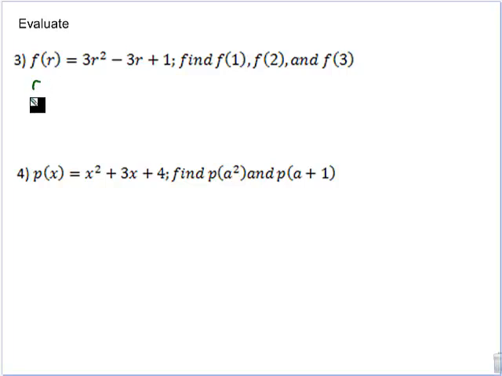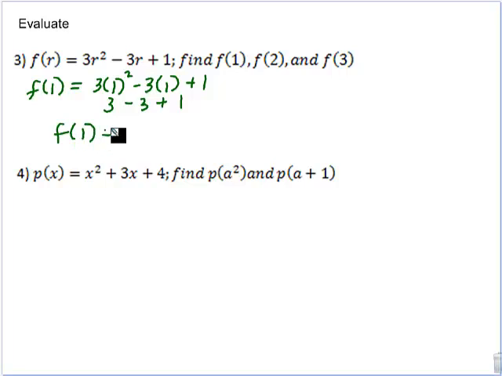So if we want to find f of 1, every time we see an r, we plug a 1 in. So this is 3 times 1 squared minus 3 times 1 plus 1. Well, 1 squared is 1. 1 times 3 is 3. So this is saying 3 minus 3 plus 1. So what's f of 1 really? Yep, so f of 1 is really 1.